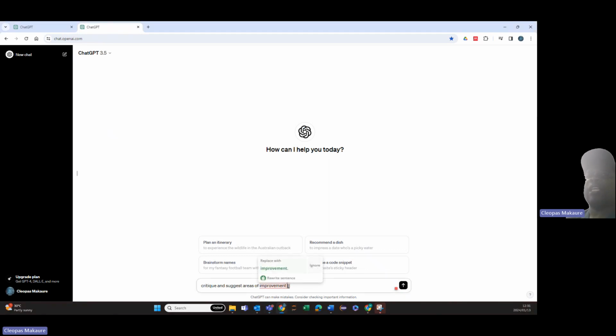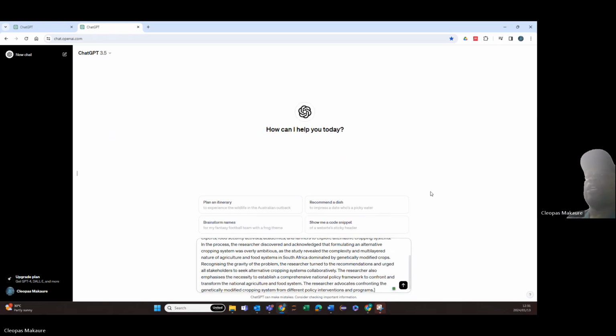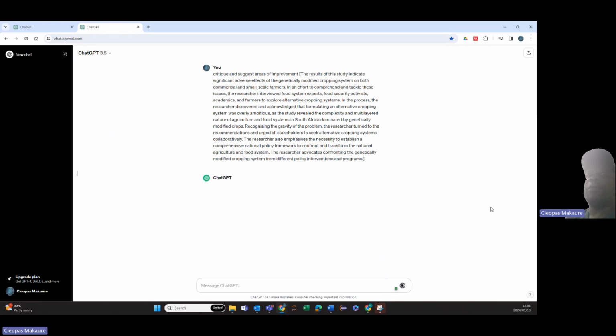So of course, you type critique and suggest areas of improvement, then in the parentheses, you just paste your text, and you input it.